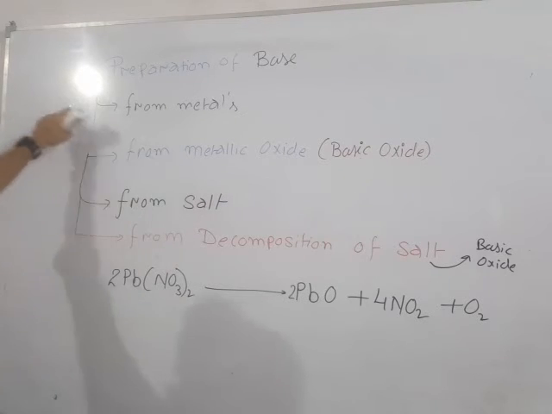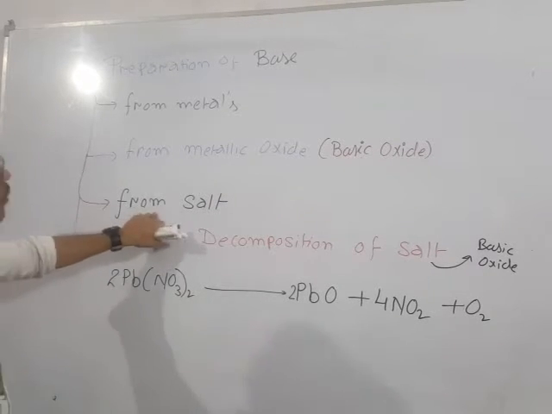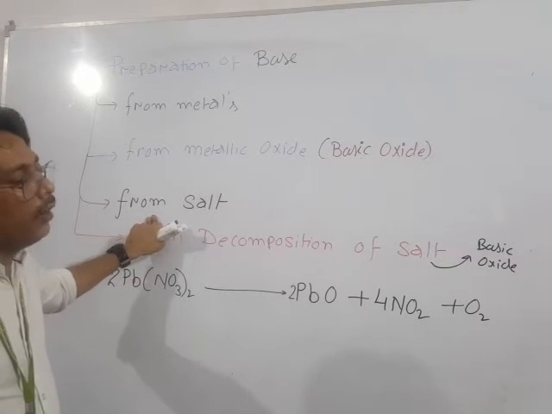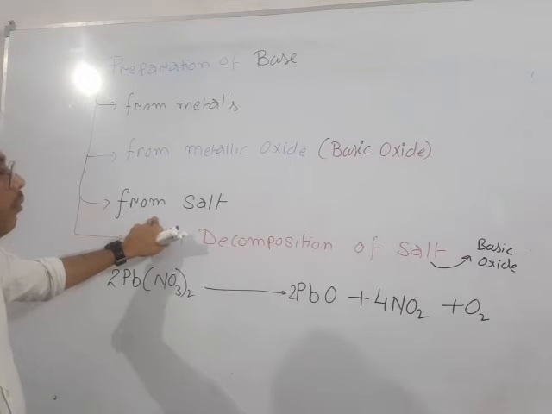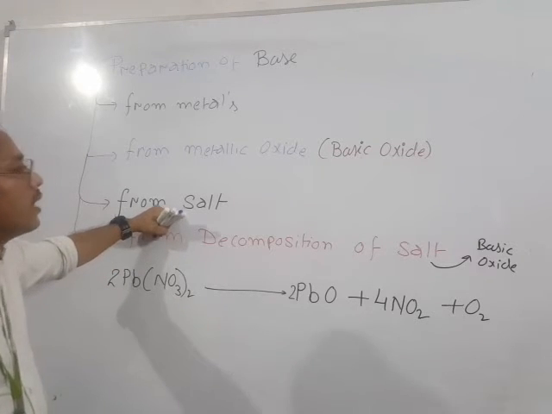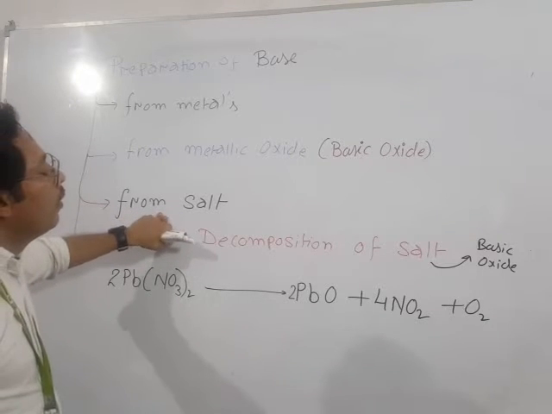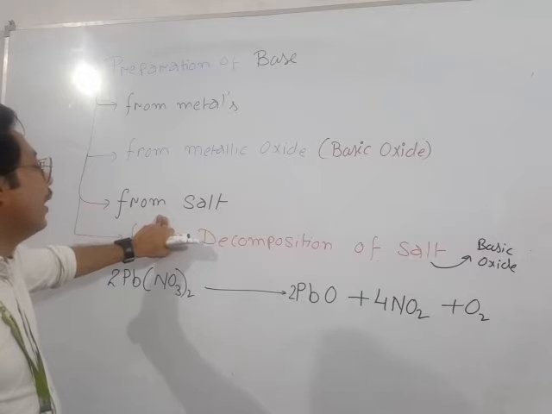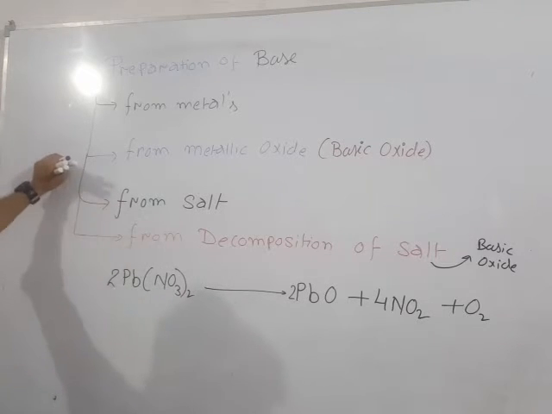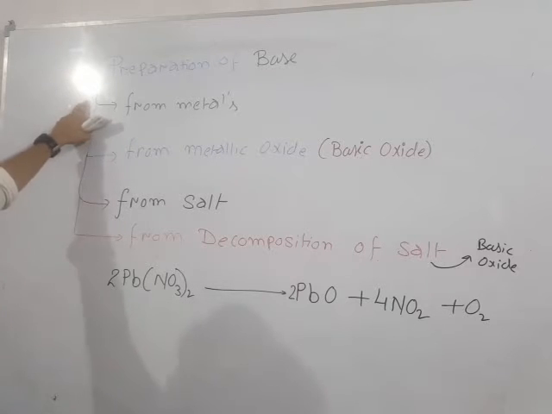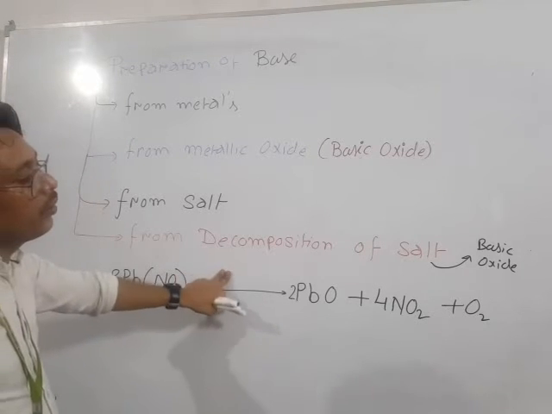Now we can also prepare base from salt, such as aluminium chloride that reacts with the alkalis and forms aluminium hydroxide as a precipitate. You can take ferrous sulfate that reacts with alkalis and forms ferrous hydroxide, and sodium sulfate.